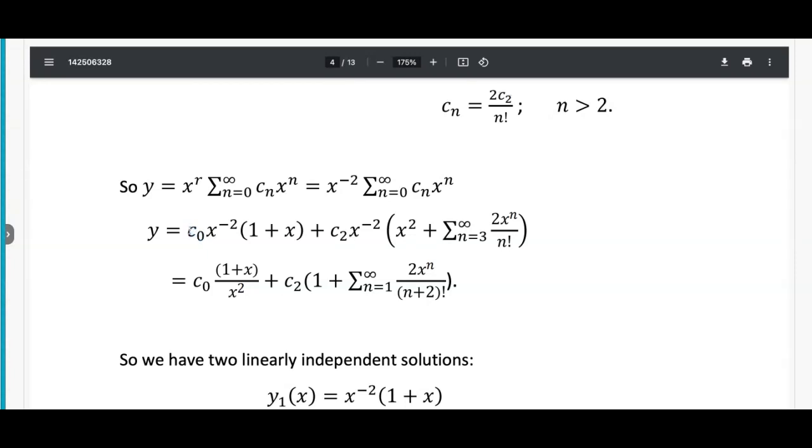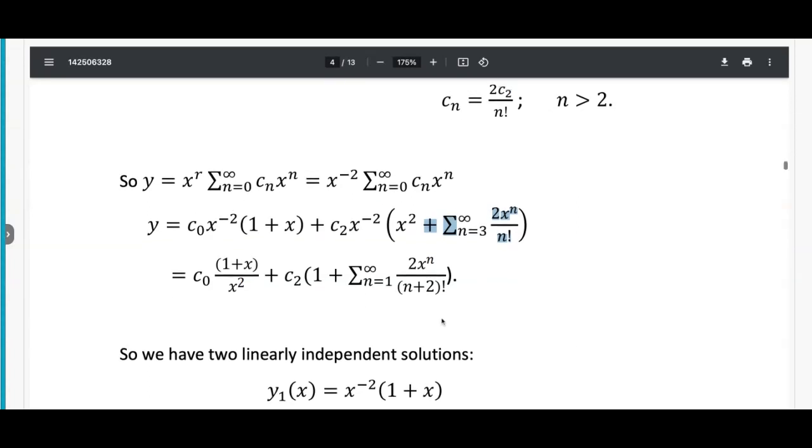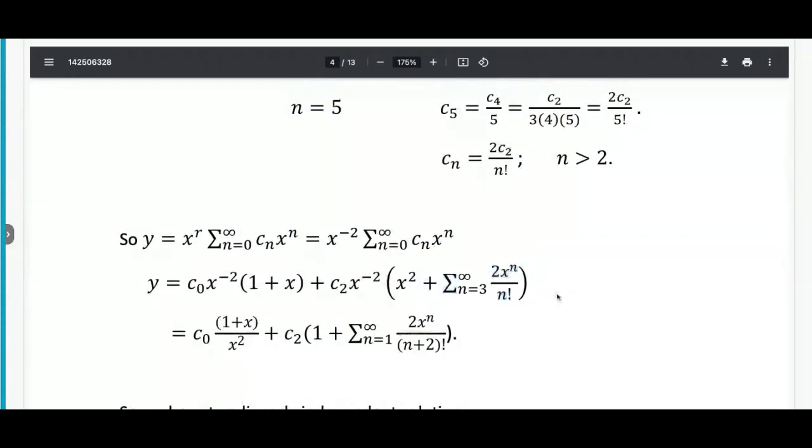C0, we did get something. So C0 has this x raised to -2, 1 plus x. Then for the terms greater than 2, we get such a representation. This is for C2, and this multiplied is for terms starting from 3. Anyone has any question?